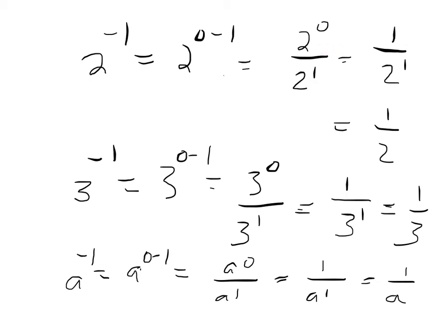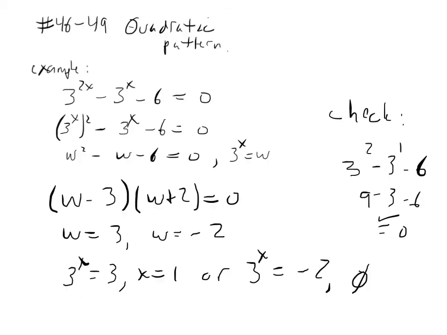And 2 to the 0 is 1, and 2 to the first is 2. So therefore 2 to the negative 1 equals 1/2. I could do the same here with 3 to the negative 1 getting to 1/3. And I could generalize it, a to the negative 1 getting to 1 over a. So in other words, an exponent of negative 1 reciprocates my base, so I get 1 over a.